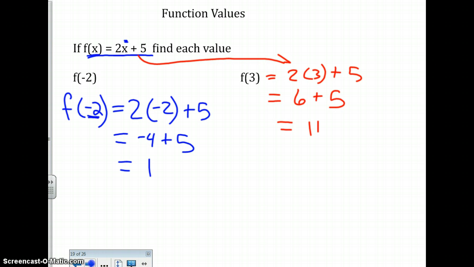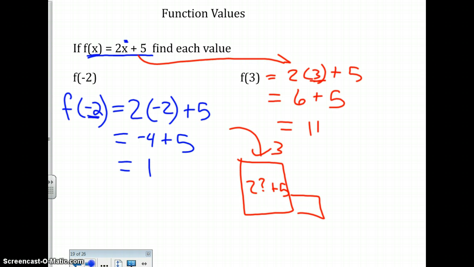So when we put in 3 for x, our output is 11. And this is really just like a function machine that you used a while ago, where we're saying, okay, 2 times something plus 5. And in goes 3, and we run it through the equation, and out comes 11.